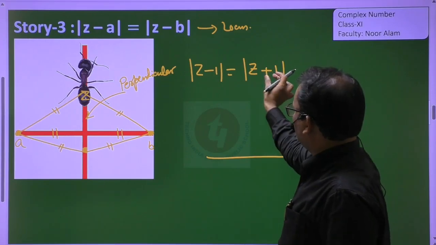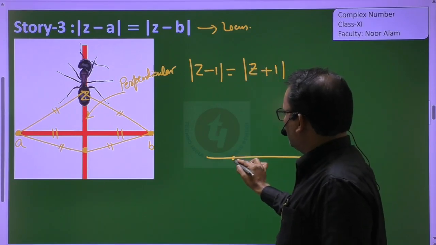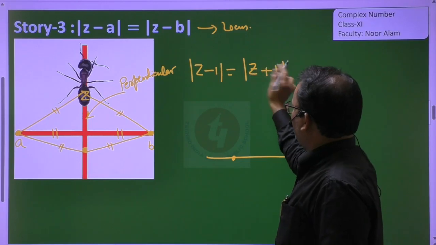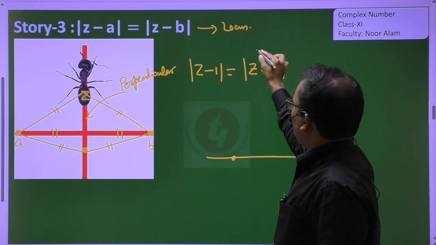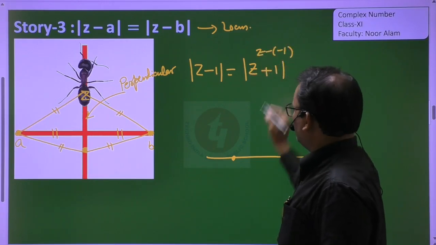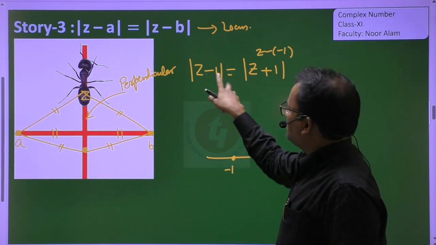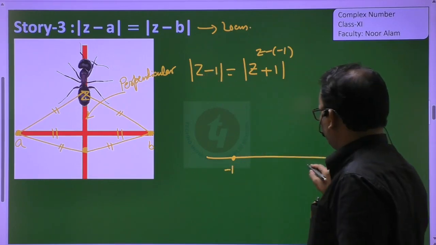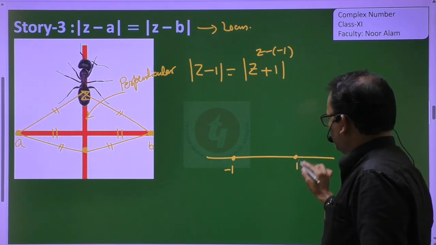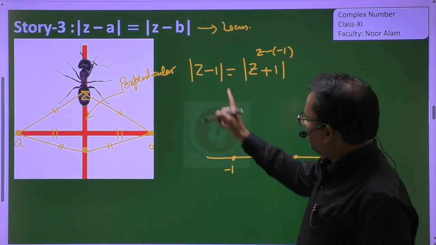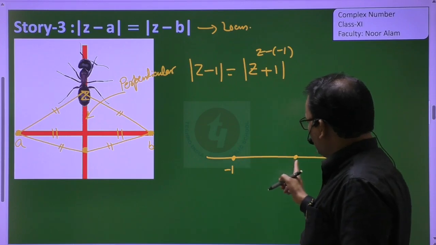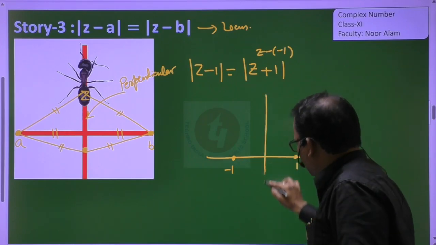Mod of z plus 1 indicates the distance of z from minus 1. You can write z plus 1 as z minus of minus 1. The point is minus 1. Now mod of z minus 1 is the distance of z from 1, here is the point 1. So z is such a point which is equidistant from minus 1 and plus 1. So where does z lie?